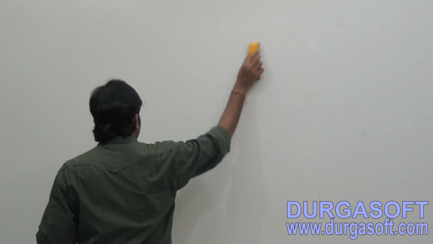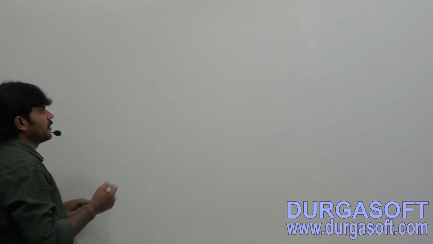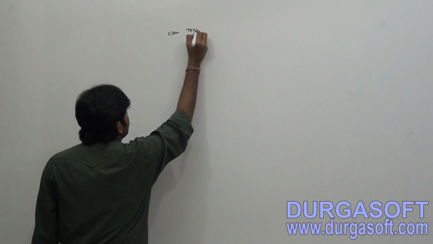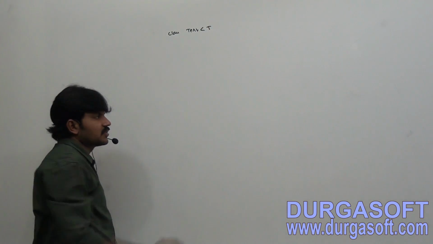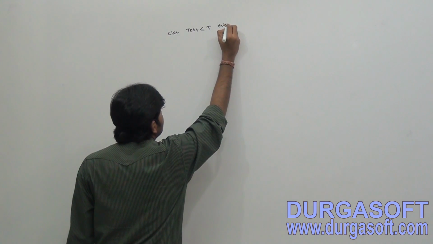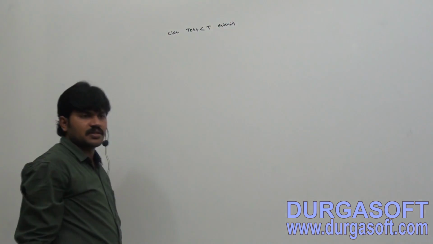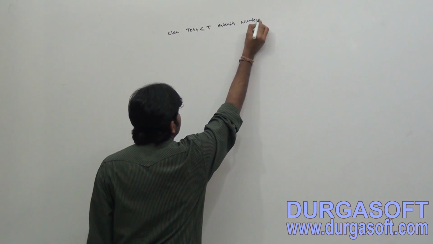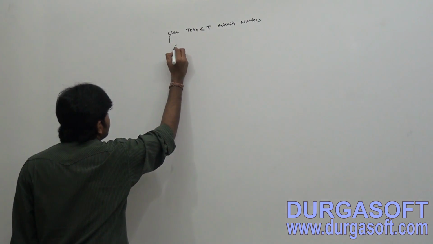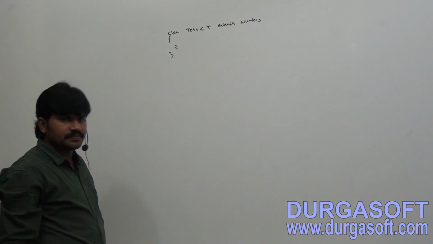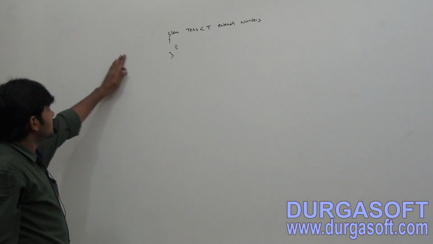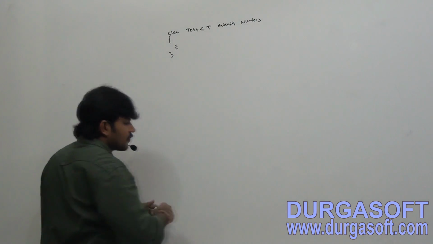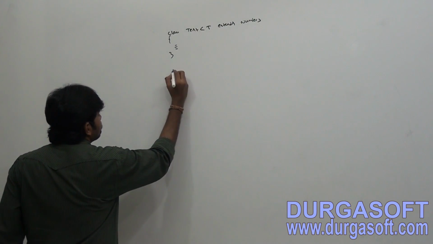Now observe this example. I am taking class Test<T extends Number>. Now I am creating an object in this style, and you have to decide whether it is valid or not.